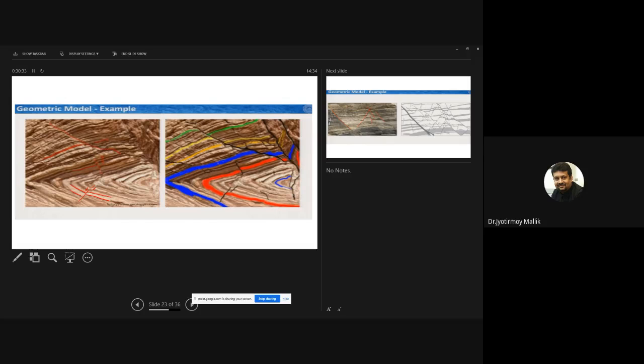Now you can of course tell me here, because I have taught you already, what sort of shearing is this, dextral or sinistral? If I keep a ball here, which way does it rotate? Clockwise or anti-clockwise?